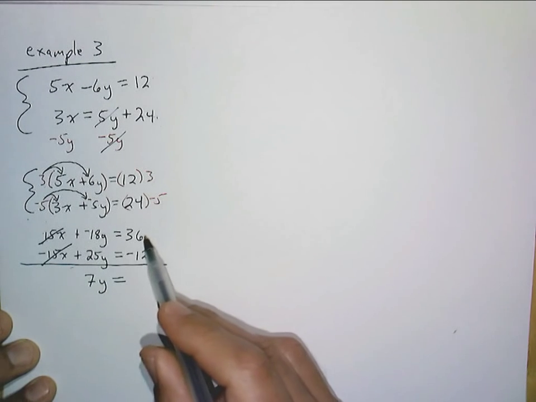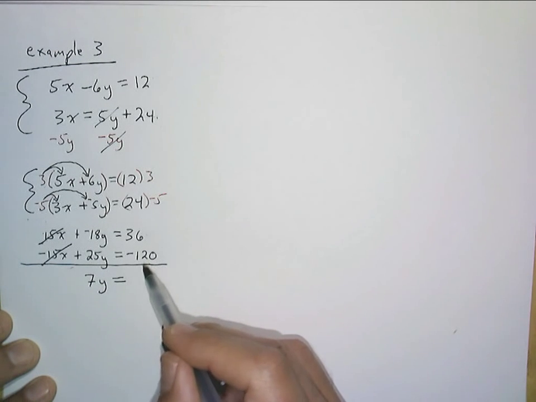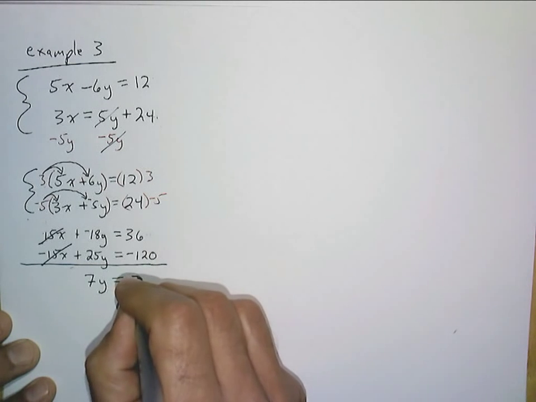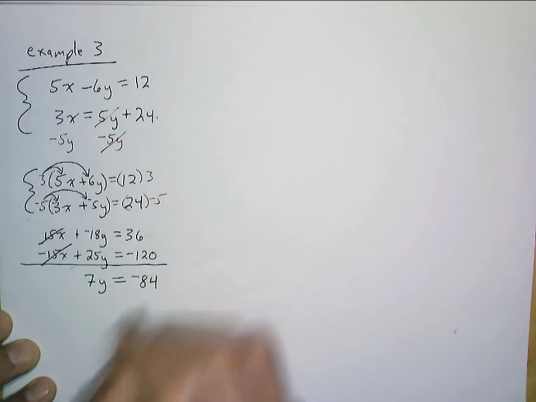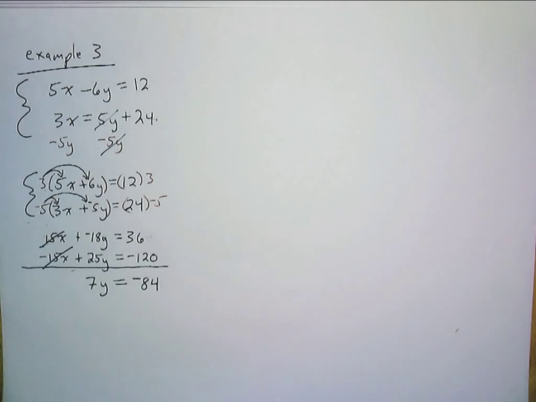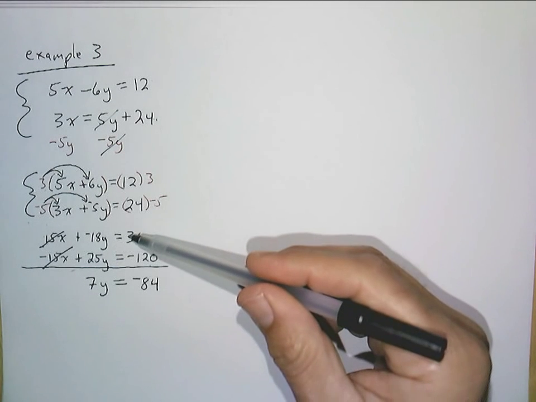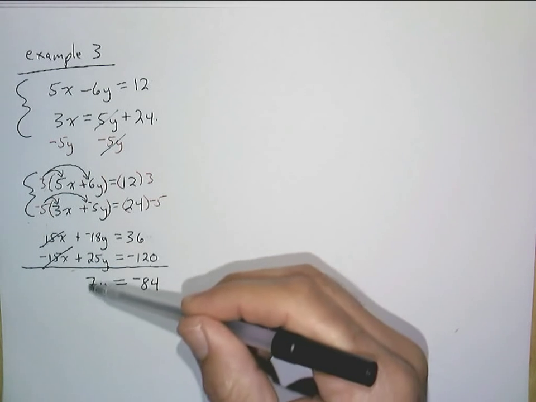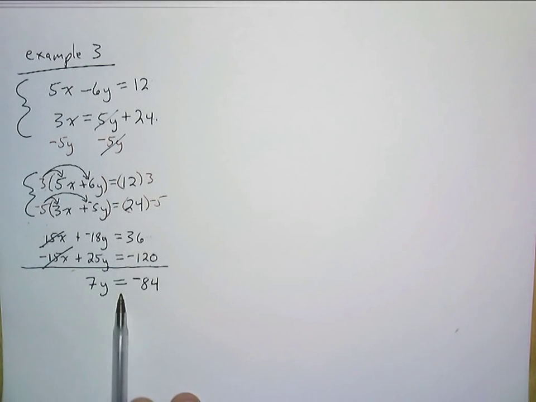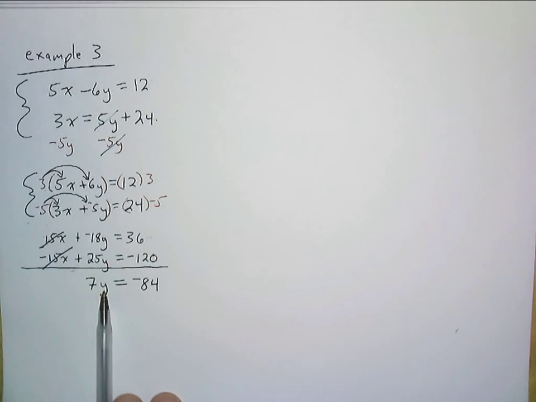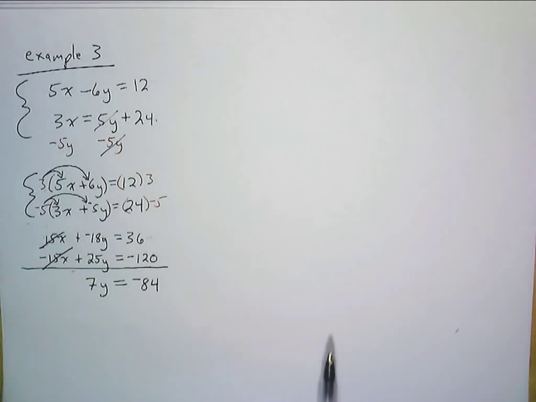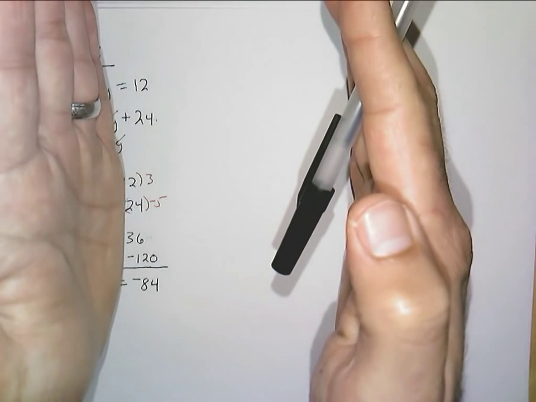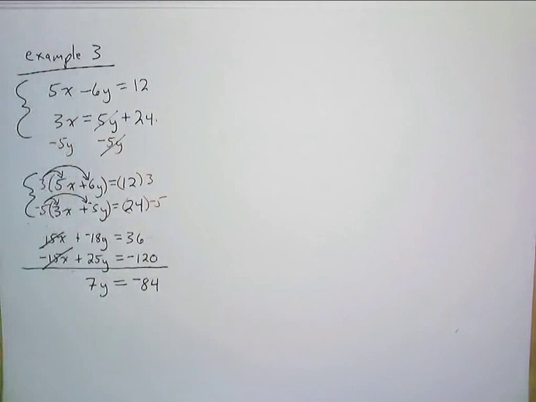And 36 plus negative 120 on the right-hand side gives us negative 84. So by adding the two equations together, we've eliminated the x's. Now we've got a single equation and a single unknown, but this time y, which is totally fine, no big deal. Kind of like trash compacting the whole coordinate plane towards the y-axis instead of the x.